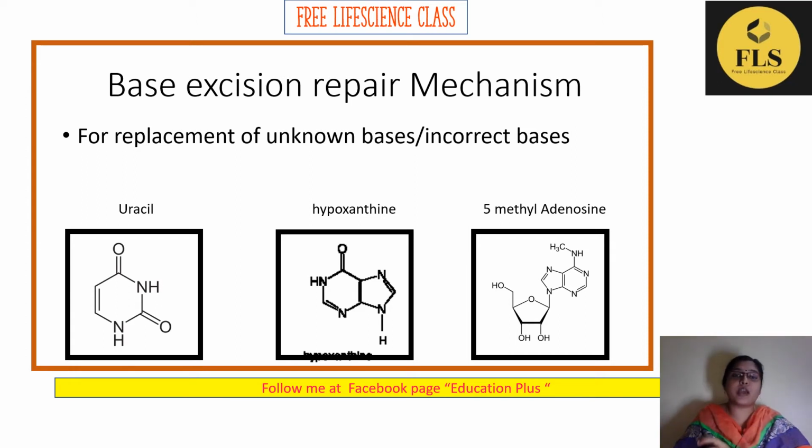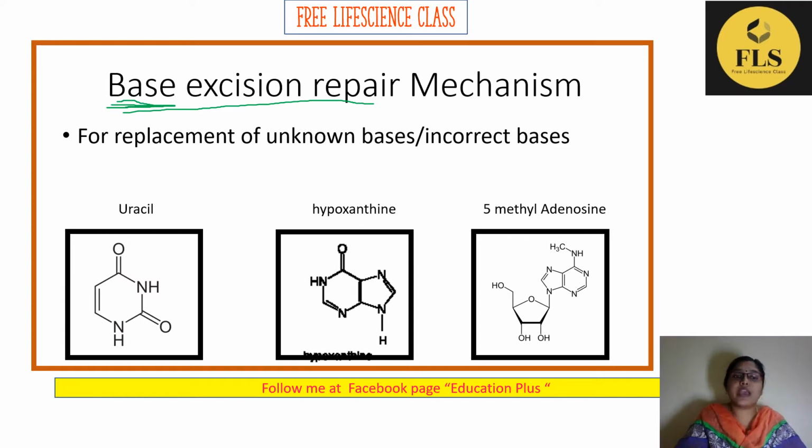In such cases of unusual bases in DNA, the repair mechanism that gets activated is the base excision repair mechanism. From the name itself, we can identify that a base, a single base, is going to be removed by the repair mechanism.